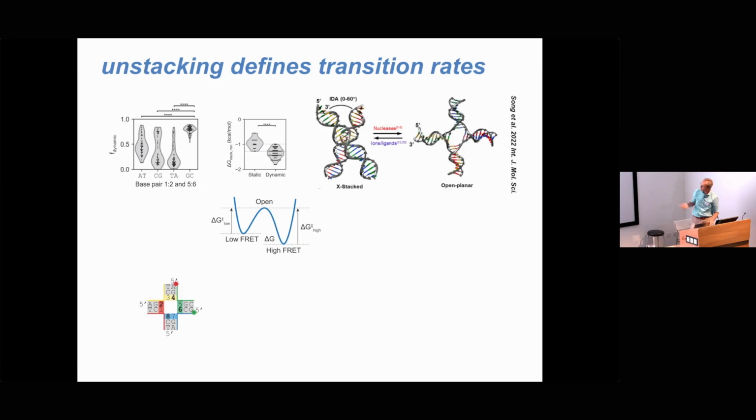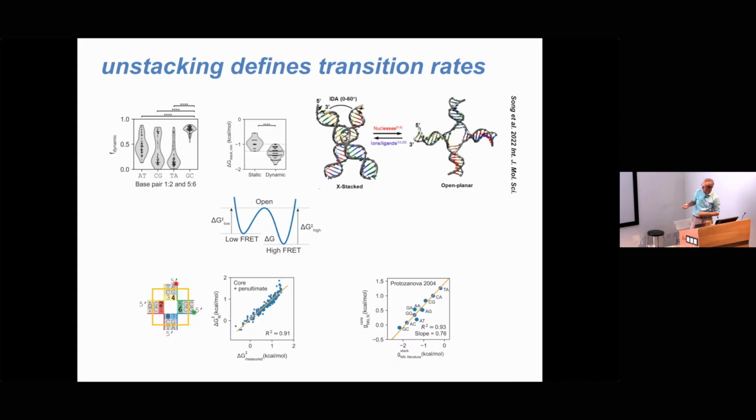And in fact, when you look at the rates, you can convert them to energy barriers, and when you relate these energy barriers that we fit to the ones that are assigned to these dinucleotides, you get a pretty good fit. You can even do better if you include, say, one more layer of base pairs there, then you get a very, very good fit. And you can even get the stacking energies of the base pairs from these experiments.